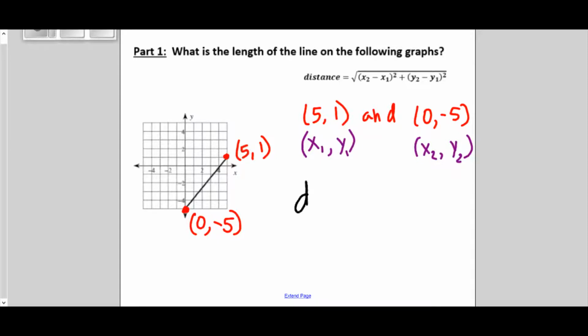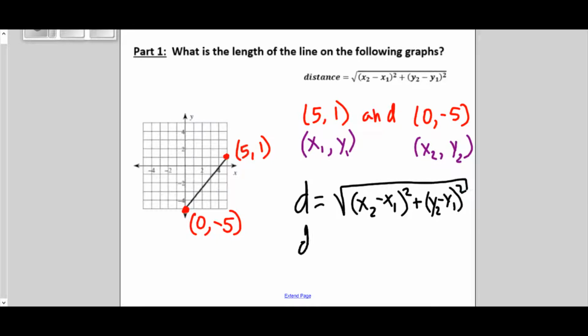The next thing we're going to do is plug it into the distance formula. So distance, remember, is the square root of x2 minus x1 squared plus y2 minus y1 squared. Now, we're just going to plug in our values that we have.